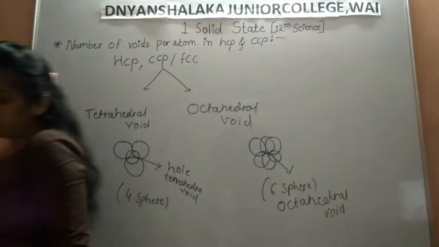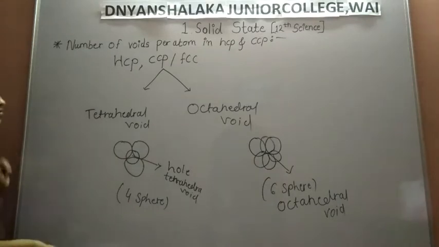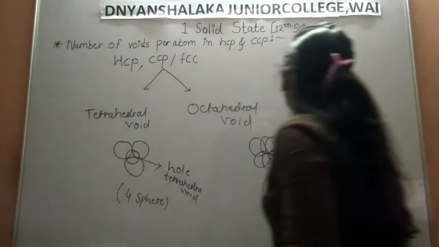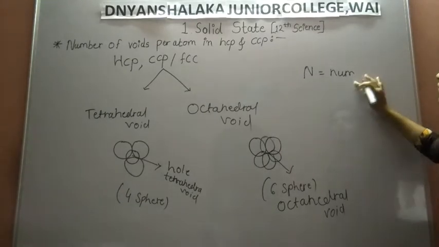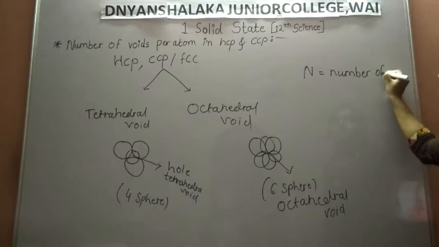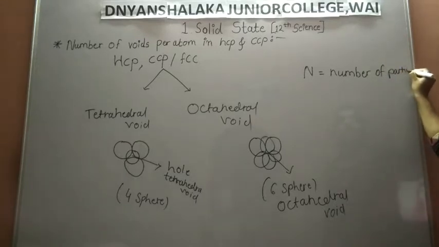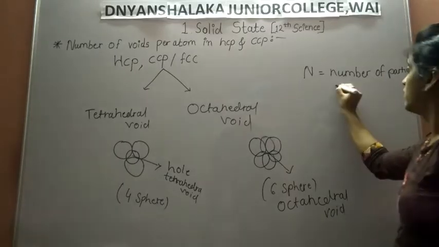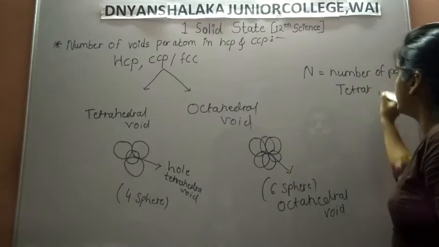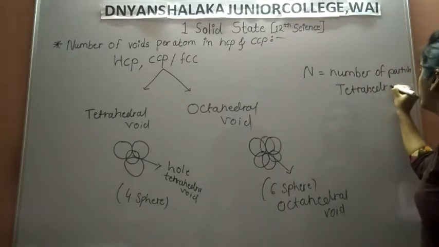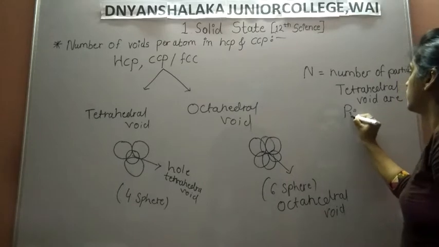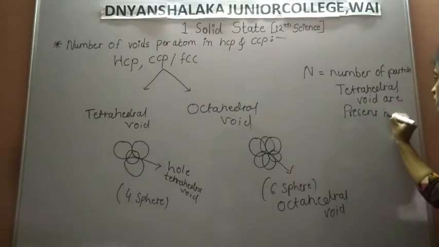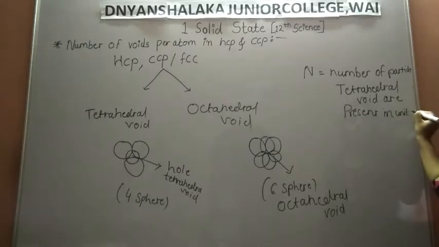We denote by N the number of particles. Next, the number of tetrahedral voids present in a unit cell is twice the number of particles.